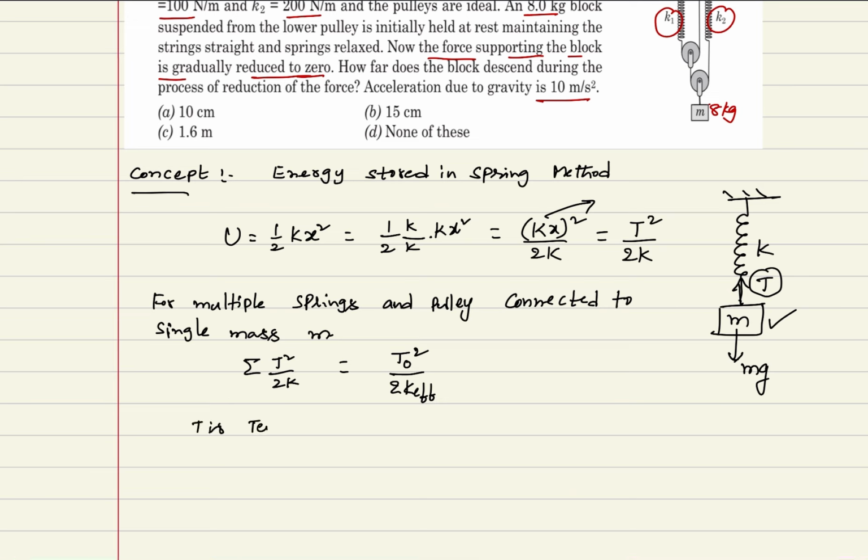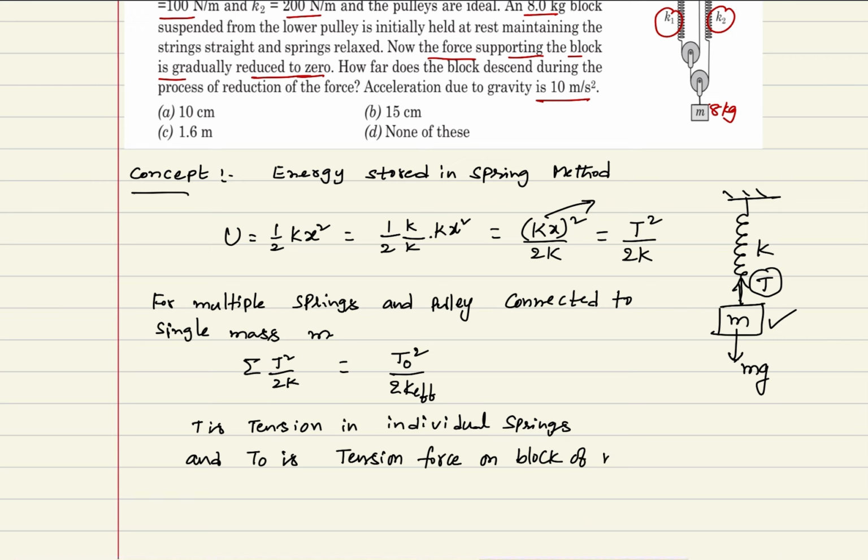Here T is the tension in individual springs, and T0 is the tension force on the block of mass m connected to the equivalent spring.